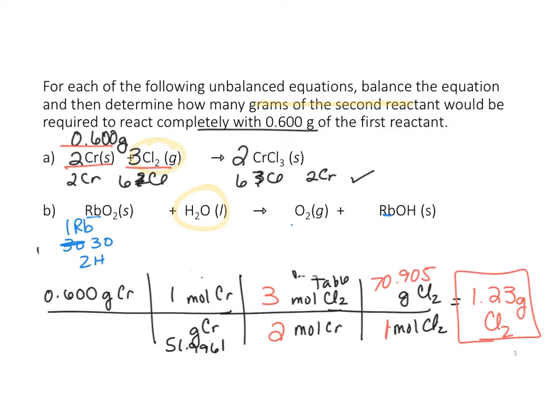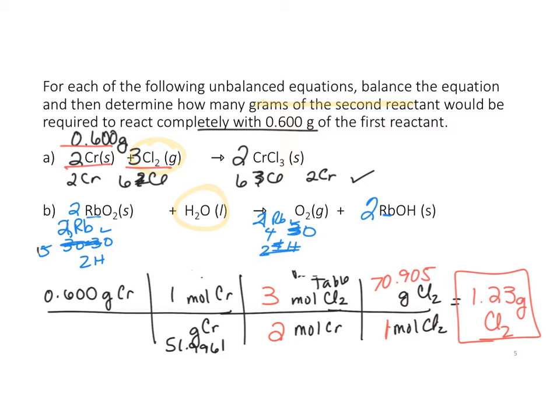Over here we have 3 oxygens, 1 rubidium, and 1 hydrogen. So if we put a 2 here, now we have 1, 2, 3, 4 oxygens, 2 rubidiums, 2 hydrogens. If we put a 2 here, we have 2 rubidium, we have 4, 5 oxygens, and we have 2 hydrogens.